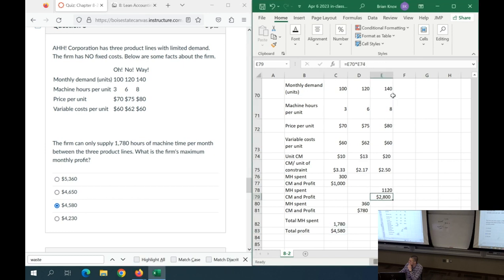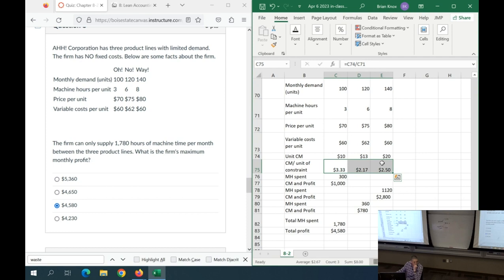I'm doing the monthly demand times the unit contribution margin. Is that working now? Okay, good. Oh yeah, I don't know if this needs to be said, but just if you're curious, we need these numbers to prioritize the products, but we really aren't using them to calculate contribution margin directly.